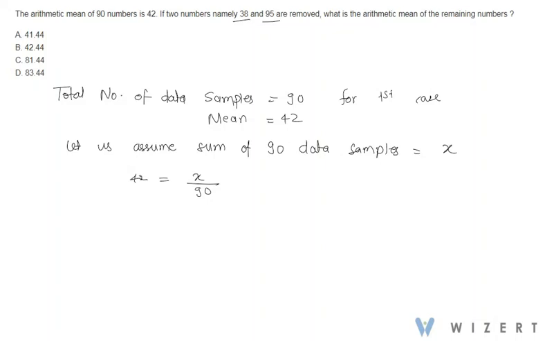How did we get this? Since we know mean equal to sum of samples divided by number of samples.